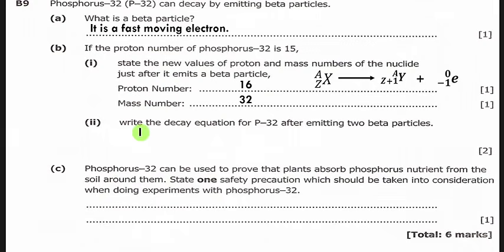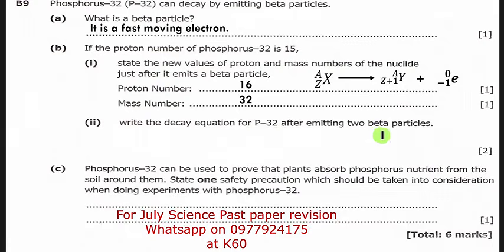Then they are saying write the decay equation for P32 after emitting 2 beta particles. Now instead of emitting this one, it emits 2 of them. So if it emits 2 of them, the decay will be this one. This one now decays to this one, 17.